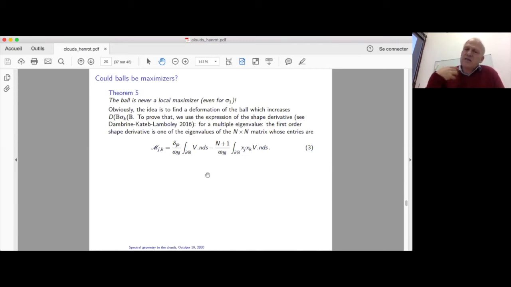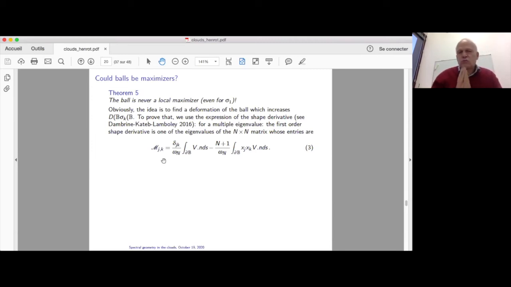And since it is a multiple eigenvalue, we have to write an n by n matrix, whose entries are precisely those numbers, where V is a perturbation I will consider on the boundary of the ball. Omega n is the volume of the unit ball. Delta jk is equal to 1 when j equals k. And so you have a general term of the matrix, which is this one.